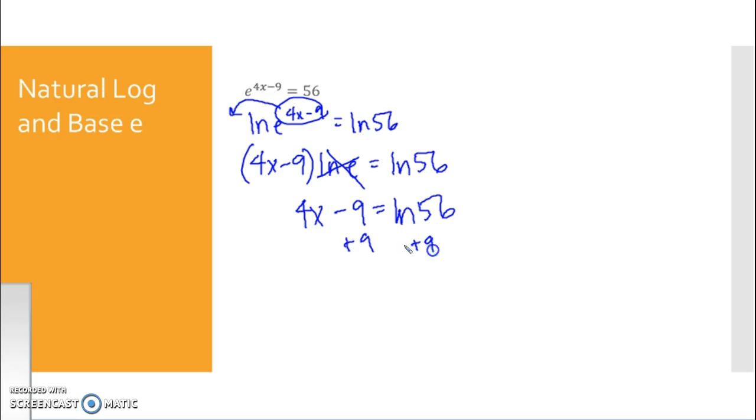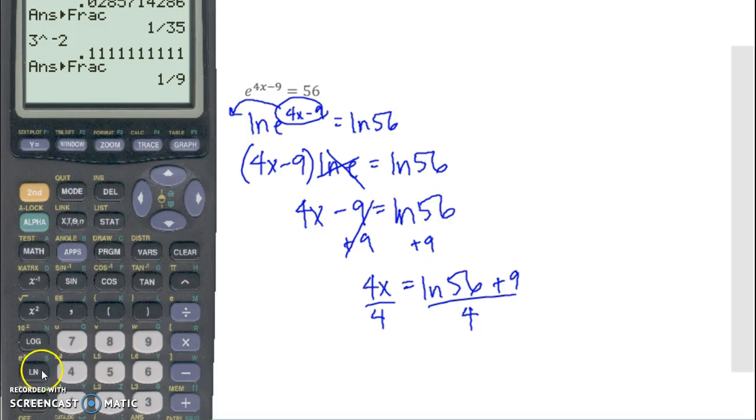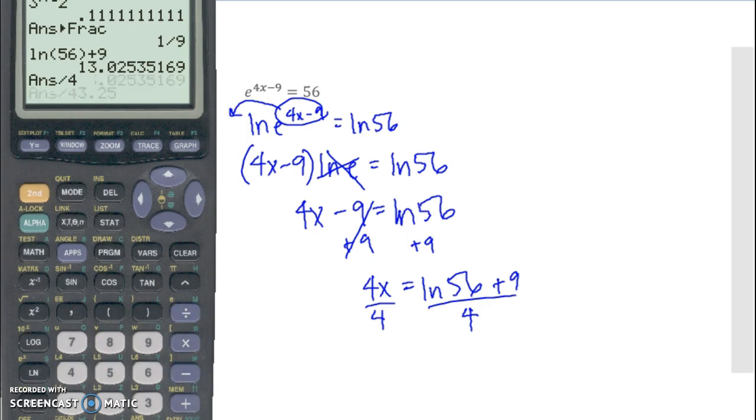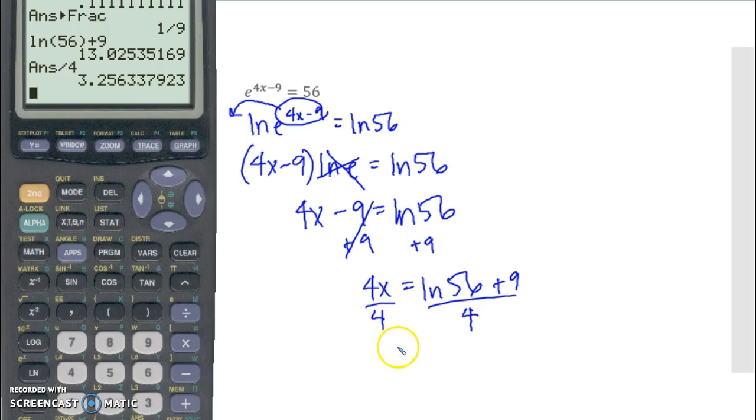Add my 9. 4x equals natural log 56 plus 9. Divide by 4, and use the calculator. So natural log 56, close that parentheses, plus 9, enter. Then divide it by 4, enter. So we get 3.26.